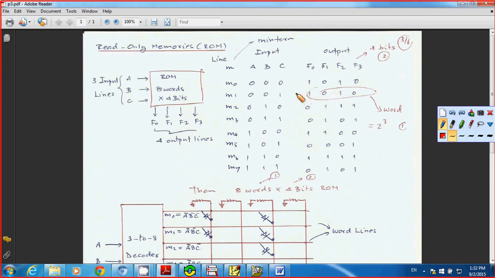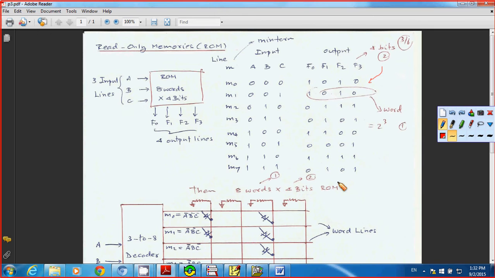Well, what I did is that your output can be anything that you want. Okay, because you want the output to be what you design.